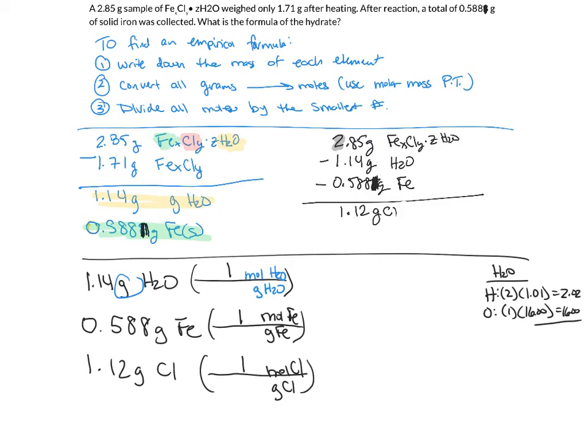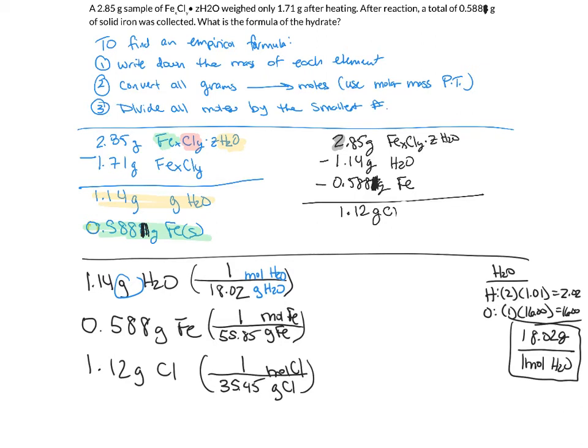And I add those together, 18.02 grams for every mole of water. So that is my molar mass as a conversion factor. I needed to add those together because I have H2O as a chemical formula. For iron, I just look at the molar mass of iron from the periodic table, 55.85, and for chlorine from the periodic table, 35.45.